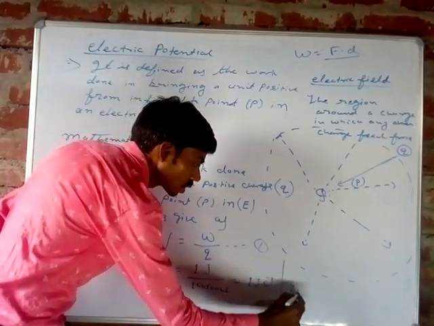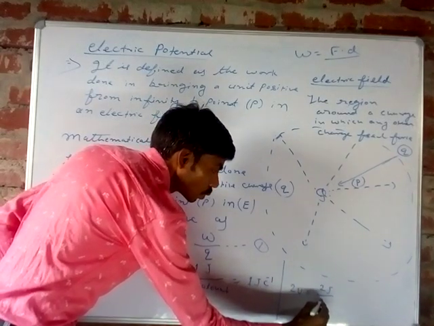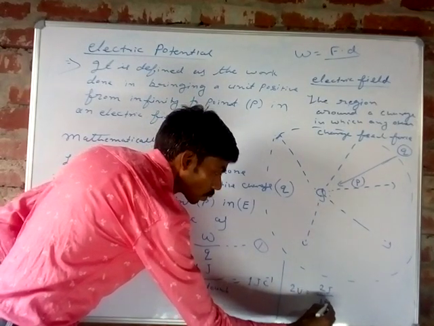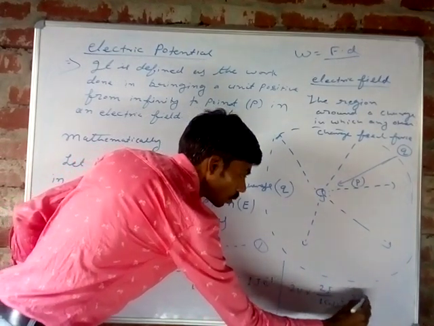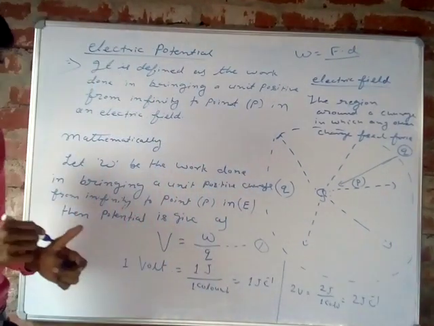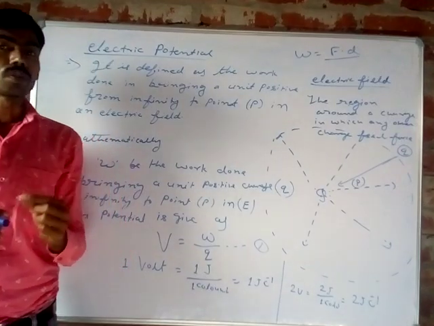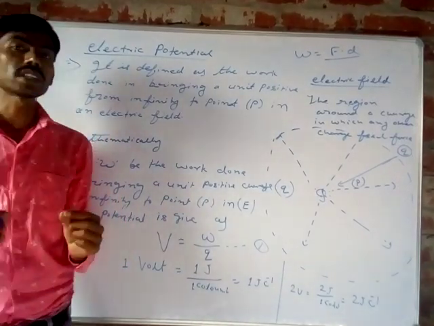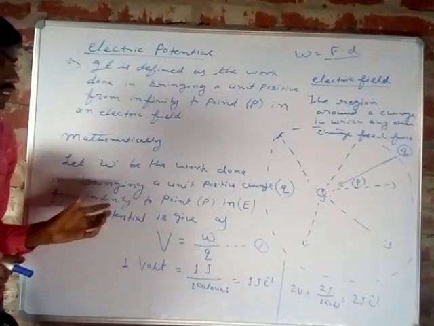That means 2 volts is equal to 2 joules per coulomb.